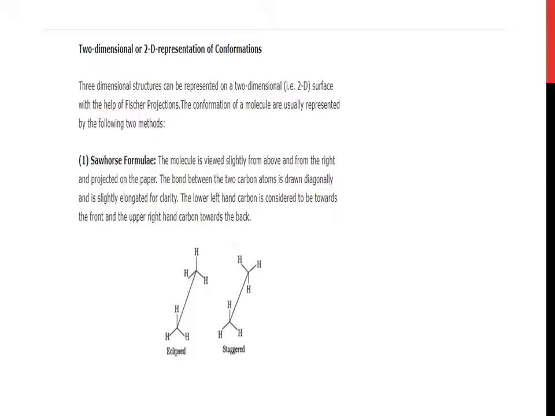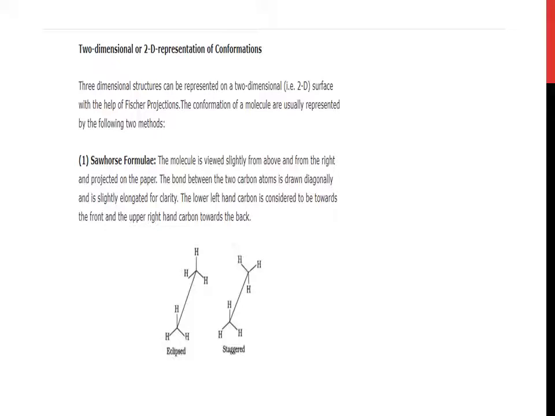The conformations of a molecule are usually represented by the following two methods. Number 1, Sawhorse formula. Number 2, Newman formula. Let us start with Sawhorse formula. The molecule is viewed slightly from above and from the right and projected on the paper.